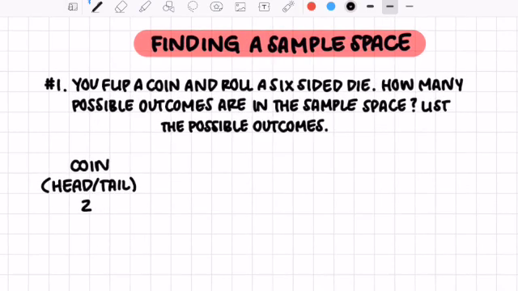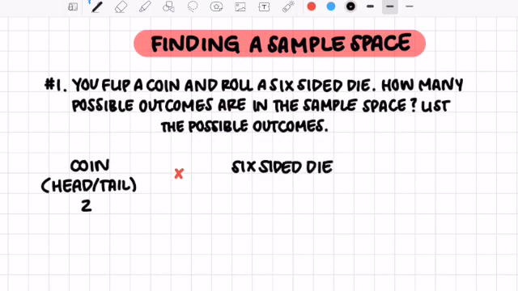Now let's separate that from our second situation, which is going to be rolling a 6-sided die. And when I separate it, I am always going to be multiplying, because they're 2 separate situations happening here. The second one is that we have a 6-sided die.